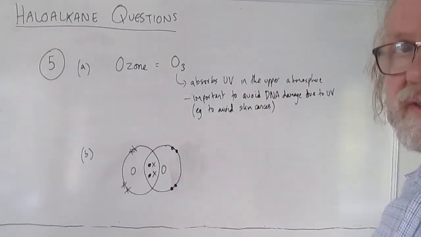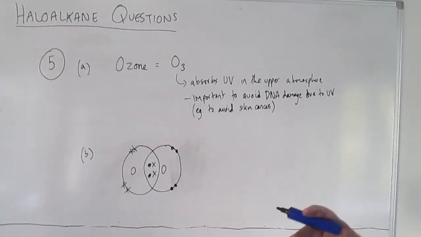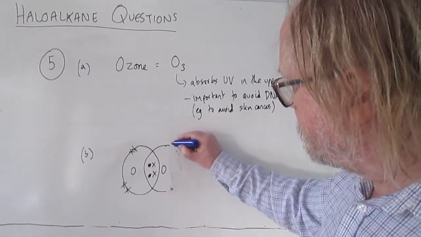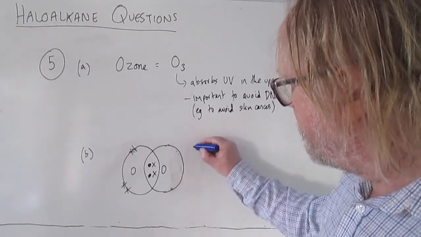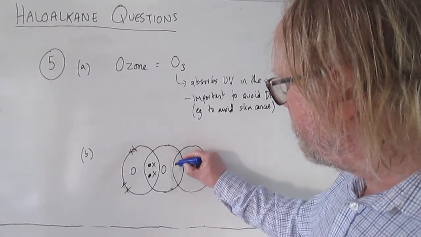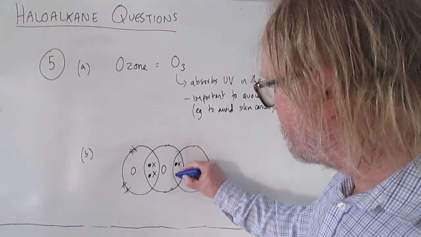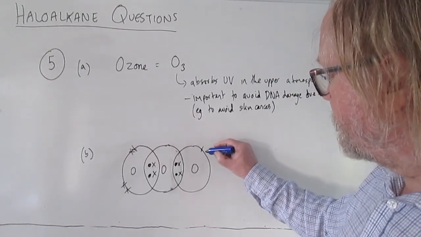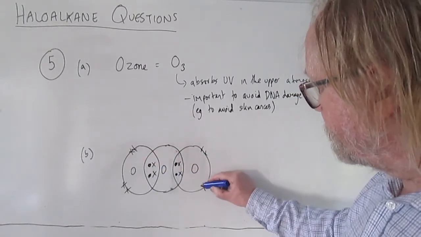So how are we going to bring the 3rd oxygen in? We can't do the same thing again, because if we did, well, let's just try it. Let's just see what would happen if we brought the 3rd oxygen in and did the same thing again. So this oxygen would have 2 lone pairs, just like the one on the outside.